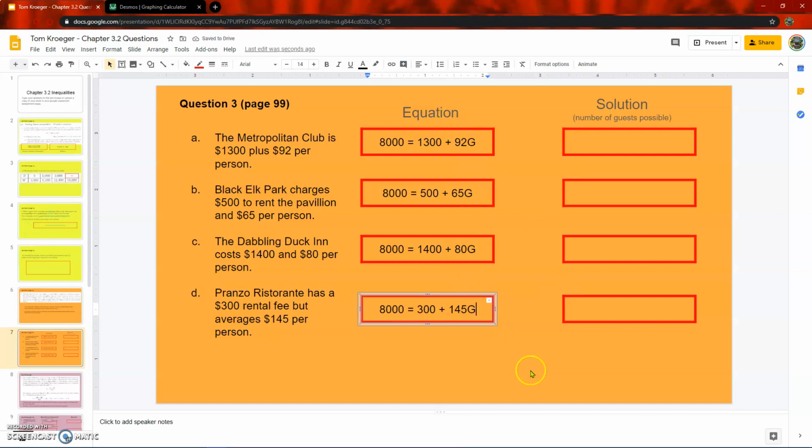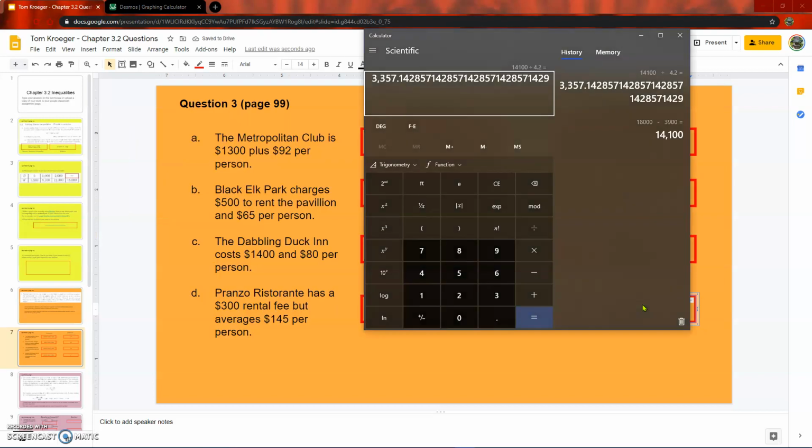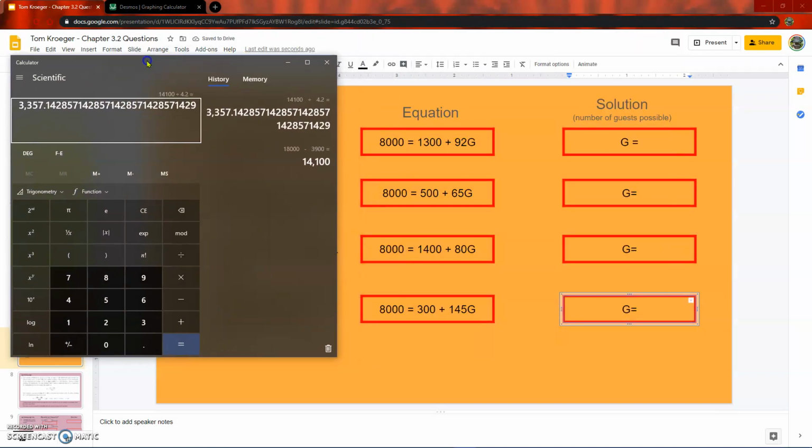And then for each one, we're going to solve and figure out, well, how many guests could they invite if they chose each place? How many guests could they invite? Well, let's go through the steps. Same thing just like before. Okay.